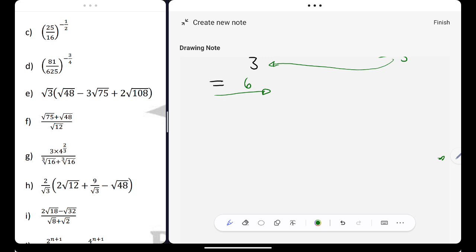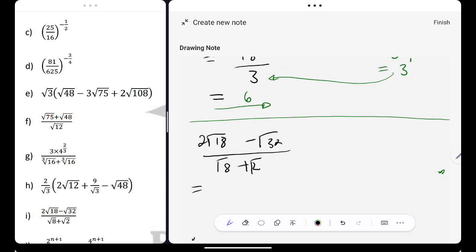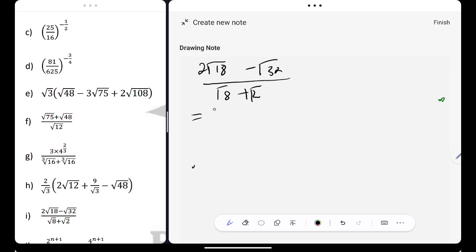Okay, let's see. Now we have (2 multiplied by the square root of 18 minus the square root of 32) all over (the square root of 8 plus the square root of 2), no? Okay. Here, 18 can be written as 9 multiplied by 2. 32 can be written as 16 multiplied by 2.